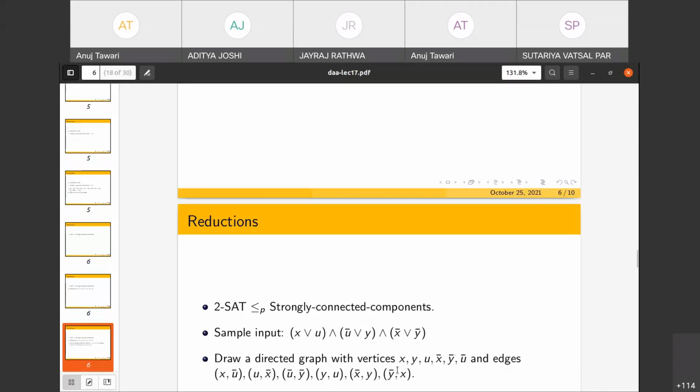And now what can we say looking at this directed graph? Looking at this directed graph, we want to find a satisfying assignment for the initial formula. So how are we going to do that?